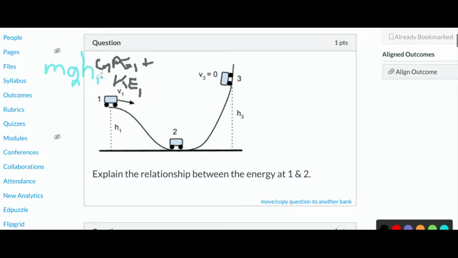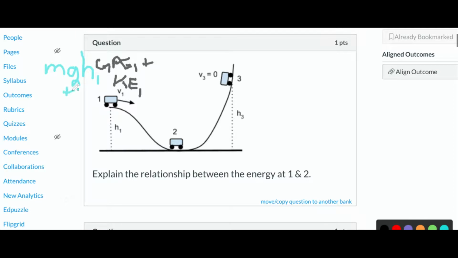So in this case, when we talk about GPE1, it's going to be for h1. So there's mgh1 plus KE1.